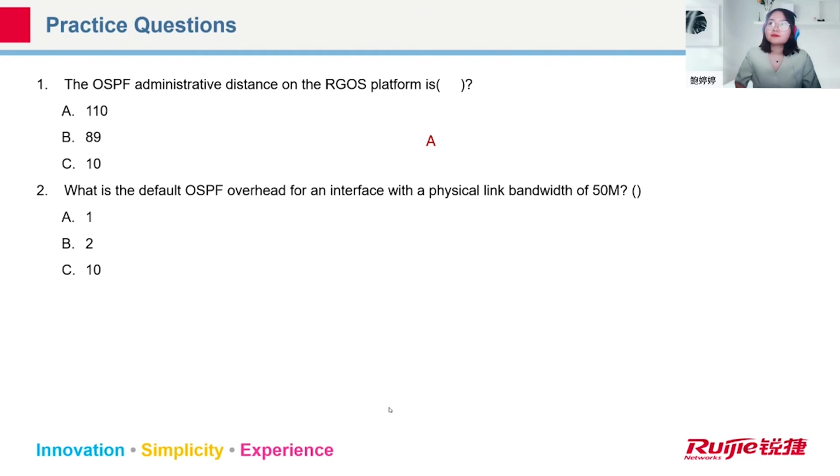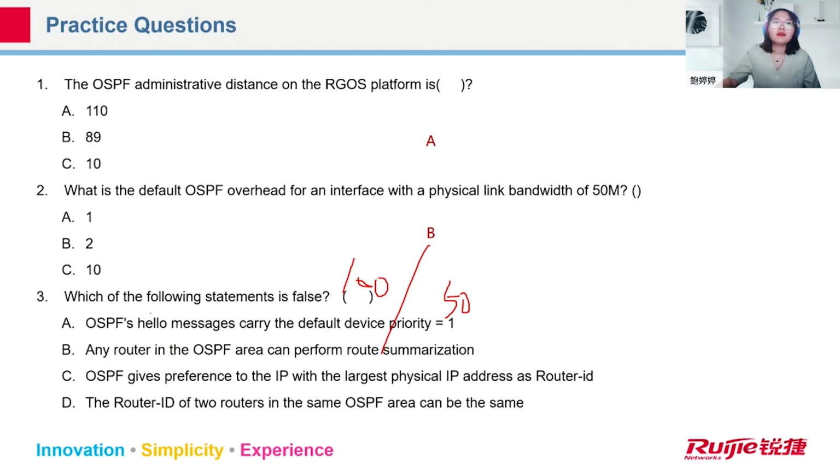Do you know this one? Yes, should be B, right? We have to use 100 divided by 50 by default, right? So the result is 2, B.